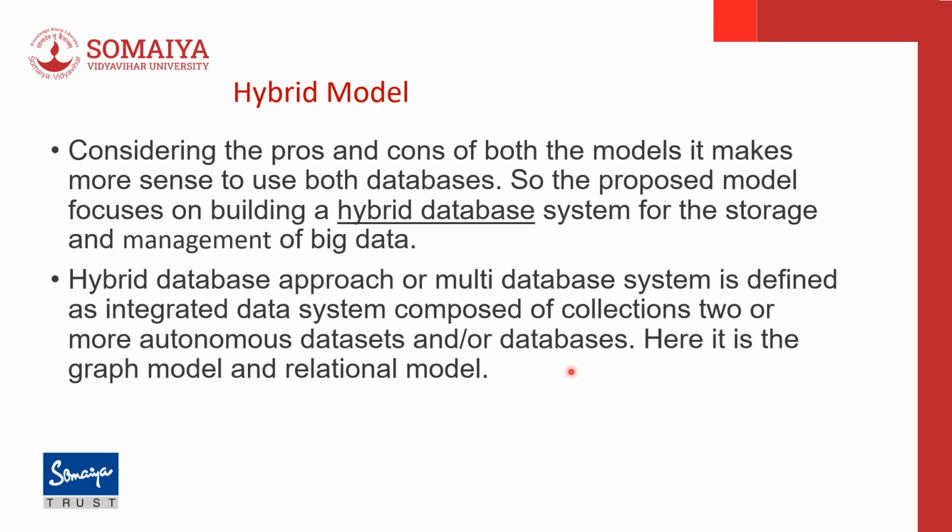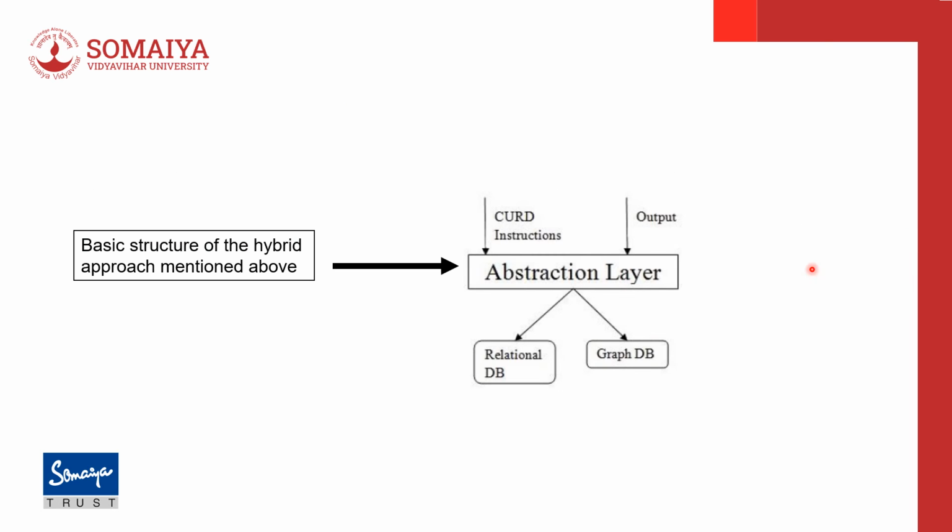Here it is the graph model and the relational model. You can see this is an example of what a hybrid database would look like. A hybrid database is composed of a relational database and a graph database. We use the advantages of both to arrive at a hybrid database.